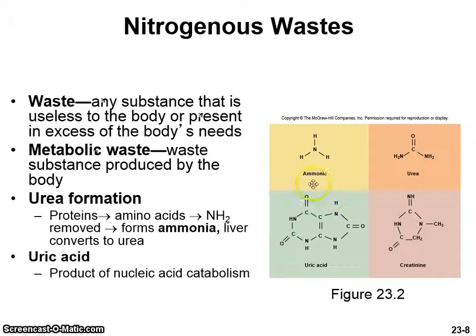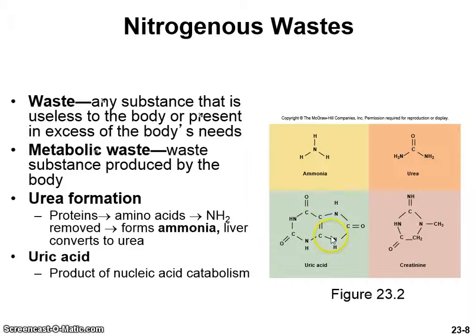So NH3 becomes urea, because the lethal dose of ammonia is like 0.015 milliliters per kilogram, and for urea it's like 15 kilograms, I think I read. Then we have uric acid, which is from purine-rich food.